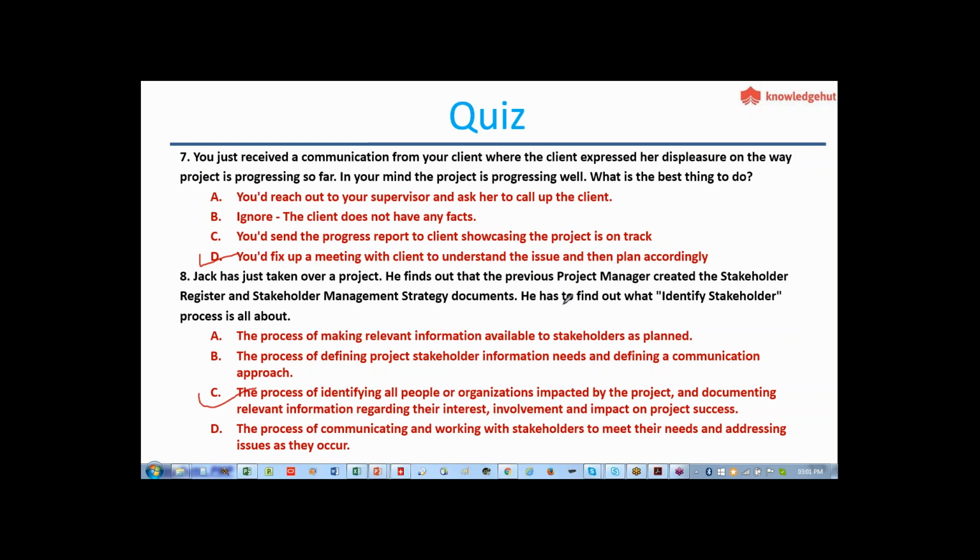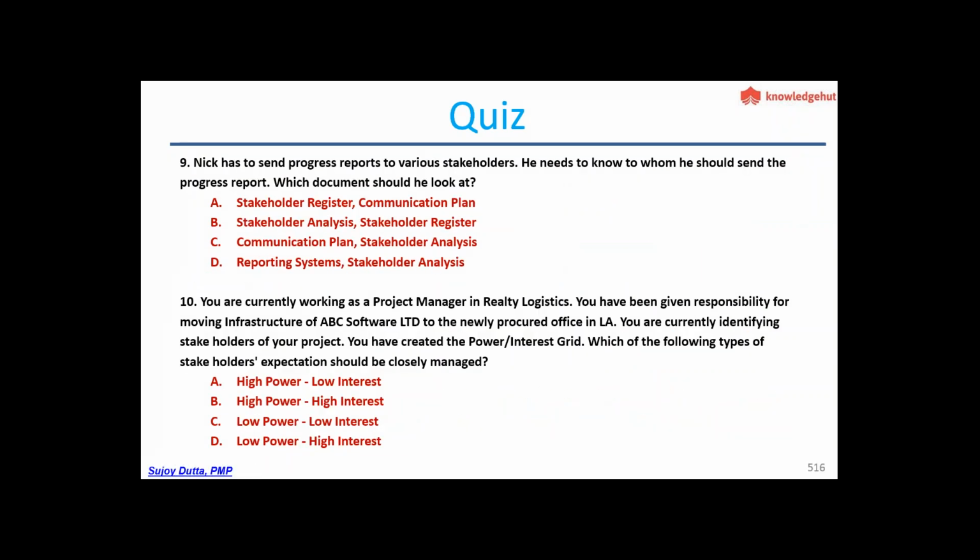Yes, so that is identify stakeholders. Yes, the stakeholder register and communication plan.